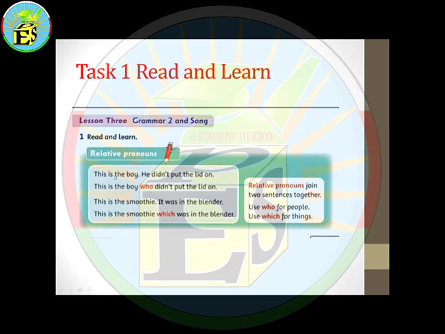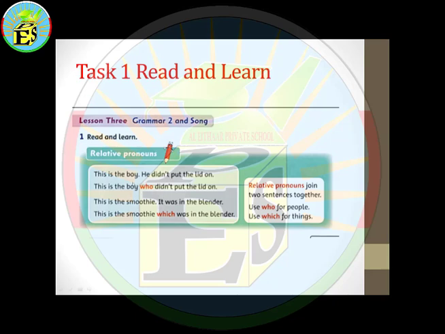Look, you have a full stop and then you start with a capital letter and another sentence. The second one, this is the boy who didn't put the lid on. Look at the word that is written in red right here, who. The relative pronoun.